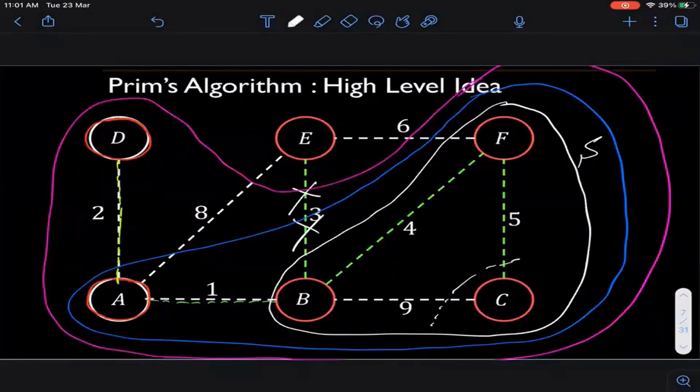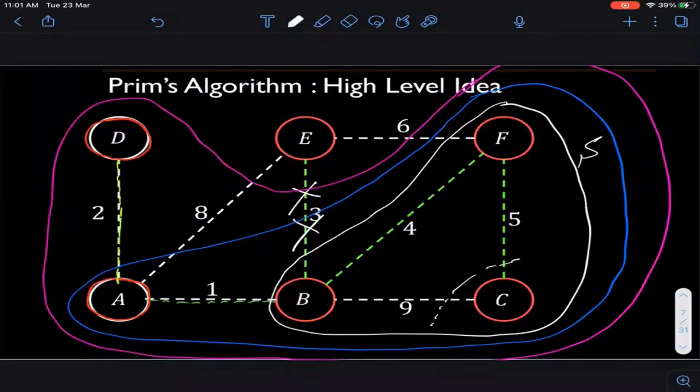Yeah, in case of a disconnected graph, you cannot have one spanning tree, but what we can have is what we call a spanning forest. So it would be a bunch of trees. For each connected component of your graph, you will have a spanning tree, but the same algorithm will still work. Basically you have an outer loop. You start at any source, any root, and you go on till you can add edges.